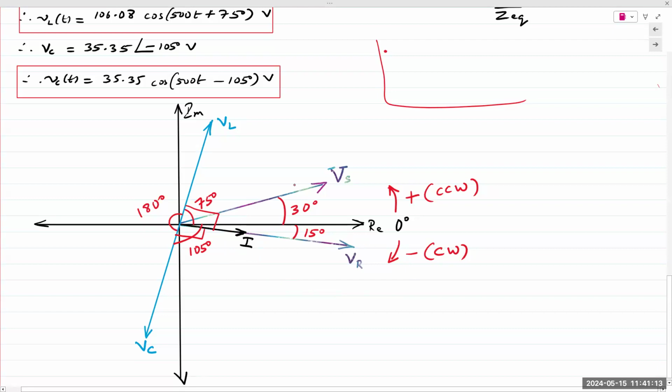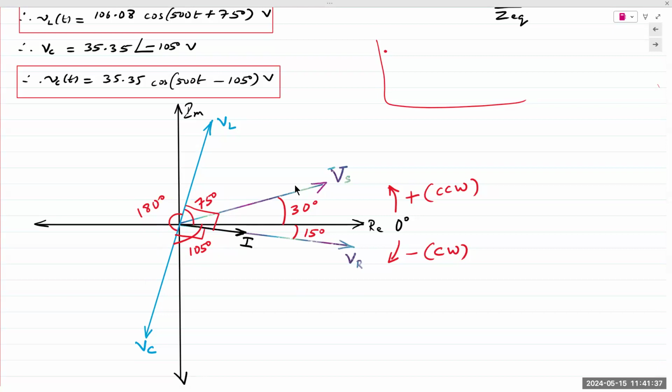VL is plus 75. Voltage for an inductor is ahead of its current by 90 degrees, which is what we see here. The current I is also the current for the power supply.